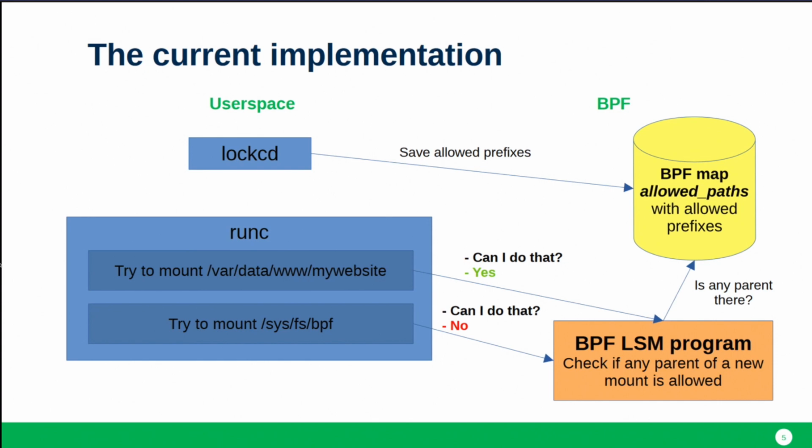And afterwards, when we run any container by any container engine, which then ends up being spawned by runc, there is a BPF program controlling all mount operations in the kernel. And based on the information in the BPF map, it decides whether the given mount, based on the source path, is allowed. So it's pretty much checking whether any prefix matches, so whether any parent of the given directory which we want to mount is allowed.